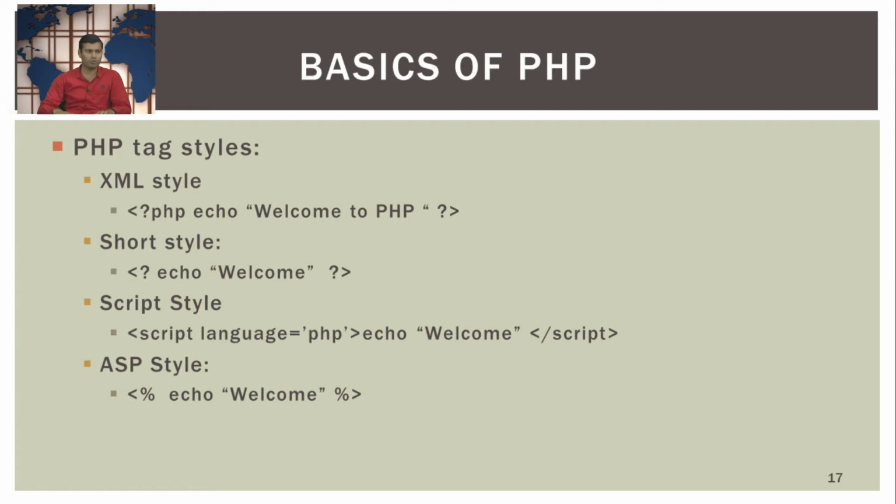Other styles are short style, where you write only a question mark. Script style is like script language equals PHP, and to end the script you use /script. And in ASP style you use percentage symbols for starting and ending the PHP script. We use XML style, which is the most recommended.